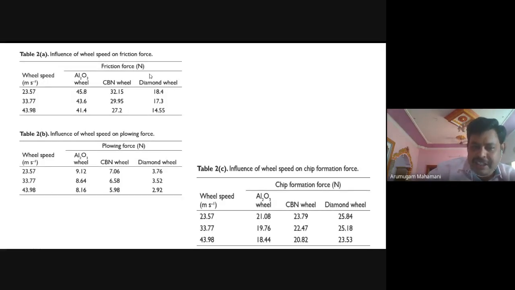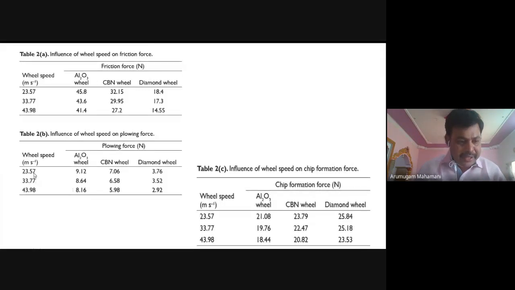This tool is costly, but we purchased this diamond wheel under a Young Scientist grant. Diamond gives very good cutting action, and the diamond wheel is also a very good lubricant, so that lubricating action reduces the friction force considerably.